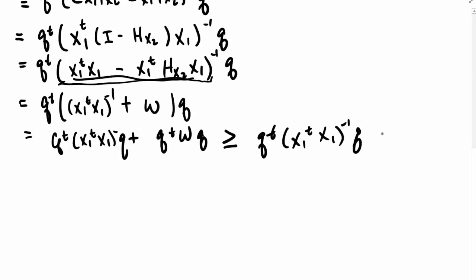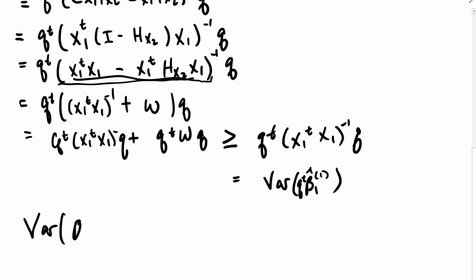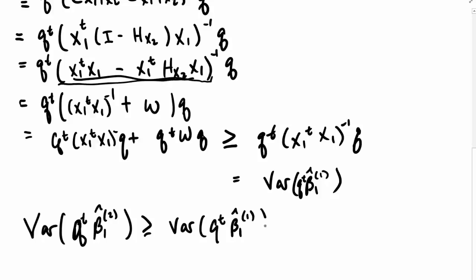Which is equal to the variance of Q transpose beta 1 hat fit under model 1. So what we've shown is that the variance of Q transpose beta 1 hat fit under model 2 is always greater than or equal to the variance of Q transpose beta 1 hat fit under model 1.